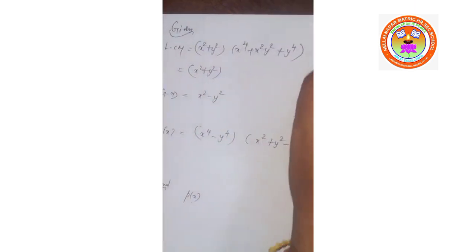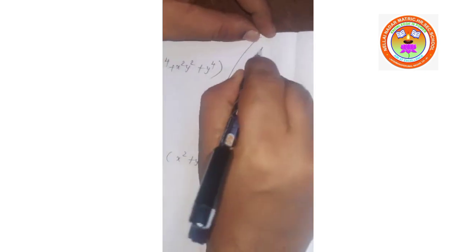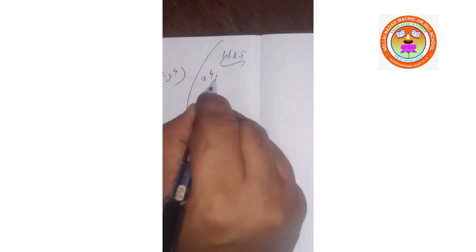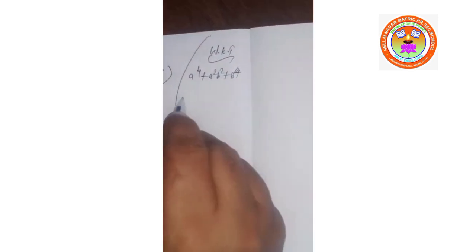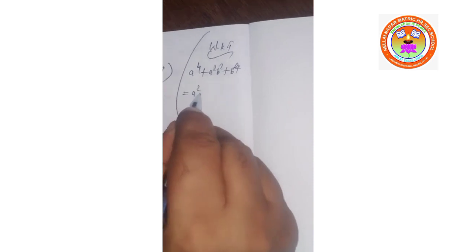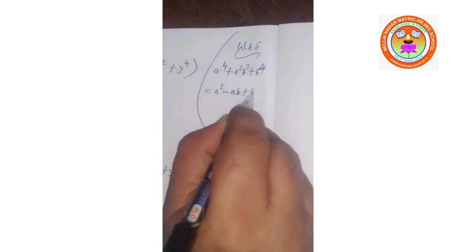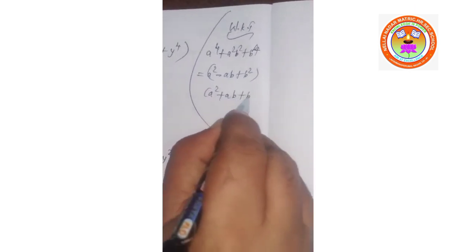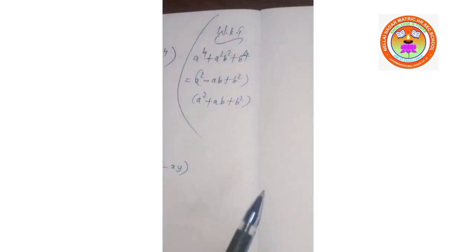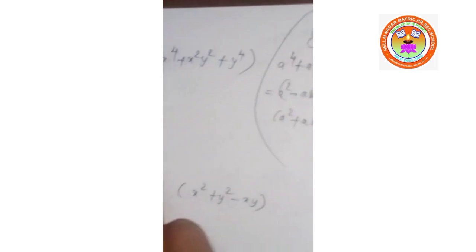This one we have to apply the identity. We know that a power 4 plus a squared b squared plus b power 4 identity, you know very well. A squared minus ab plus b squared into a squared plus ab plus b squared. This is an identity. Instead of a and b, we have the variables x and y.